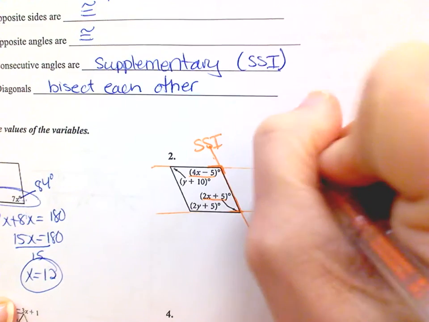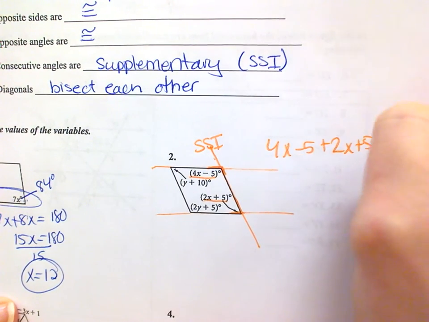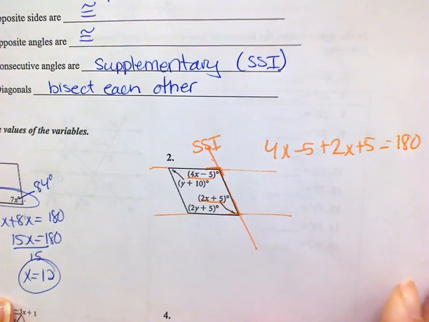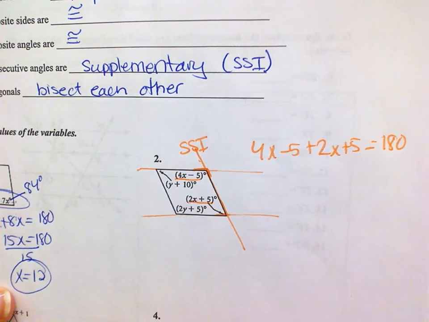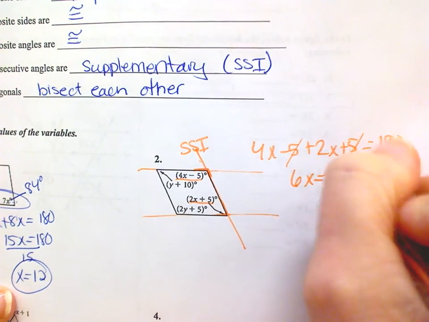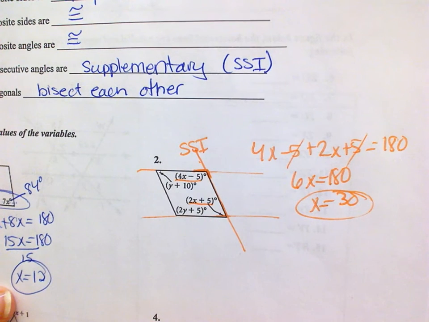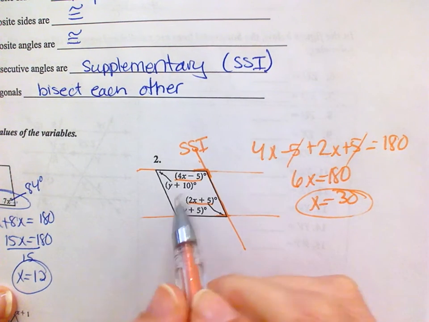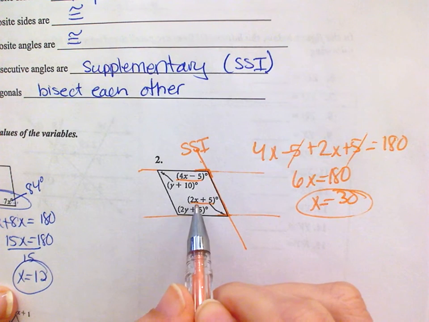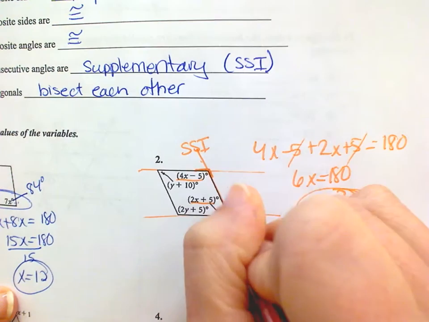So you could say that 4x minus 5 and 2x plus 5 needs to add up to 180. It's kind of nice, your 5's cancel, and you've got 6 times something is 180, so x is 30. Once you know x is 30, you should go ahead and plug that back in. Down here, 2 times 30 plus 5, so 65.